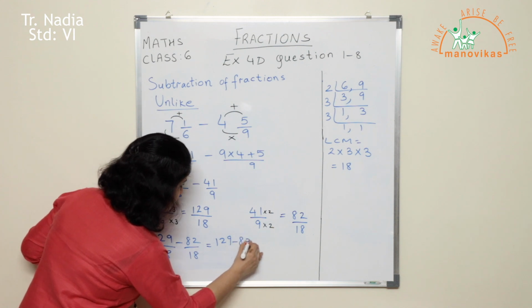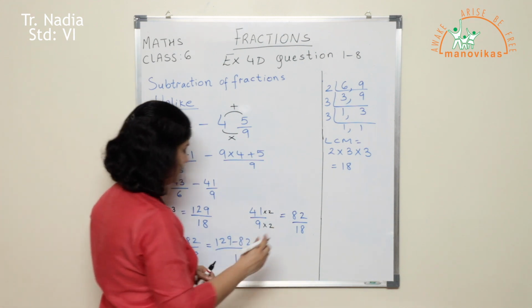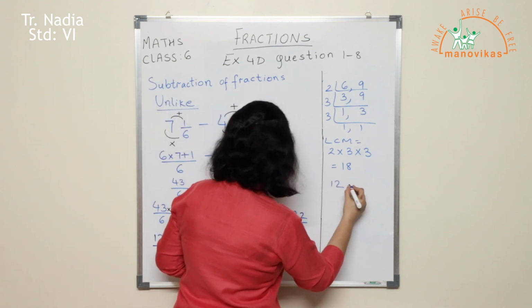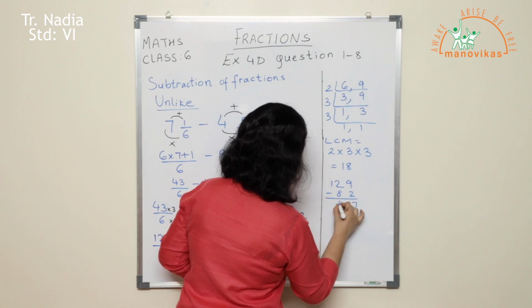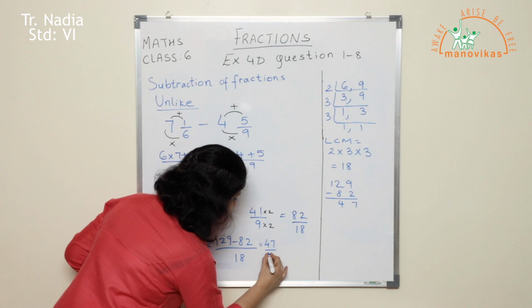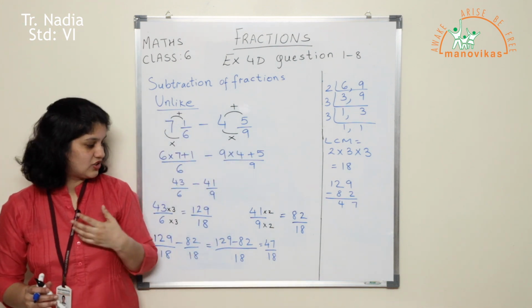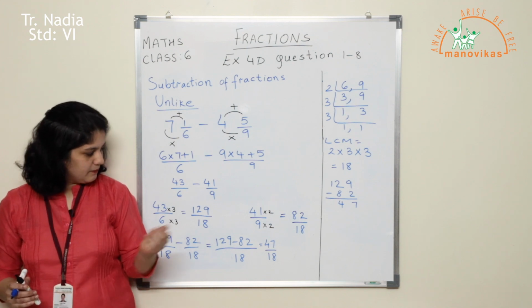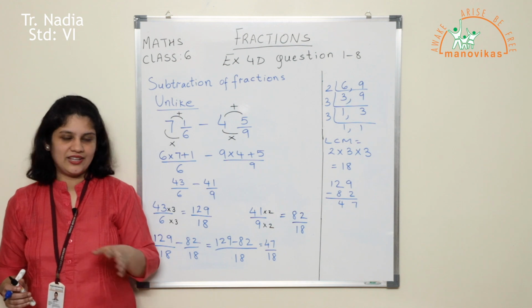Just subtract their numerators upon the same denominator. So let's see what is 129 minus 82. I got 47 upon 18. Now the next thing is, let us try whether we can reduce it. Now 47 is a prime number. It does not go with any other table.